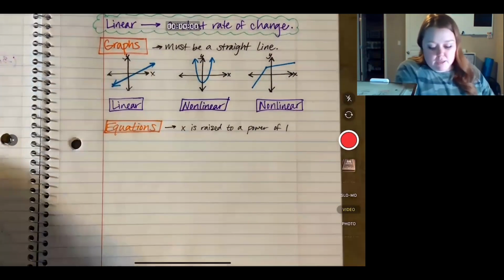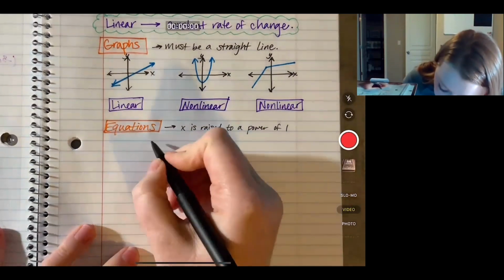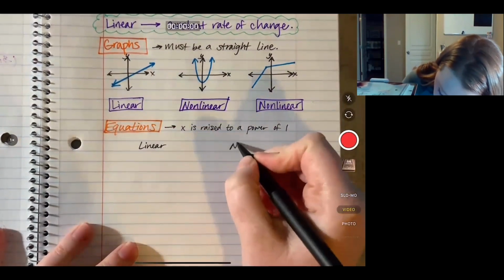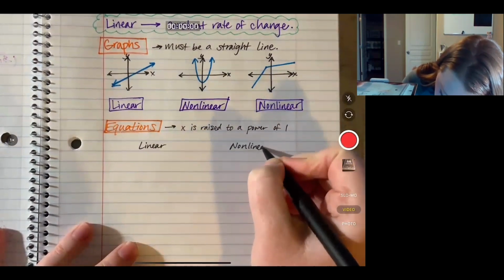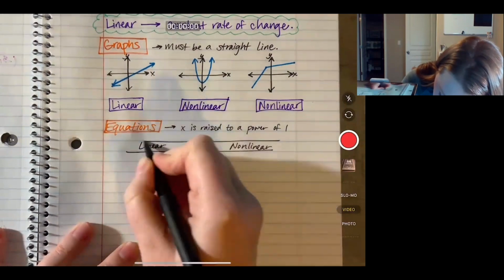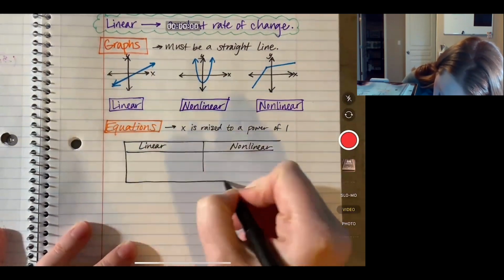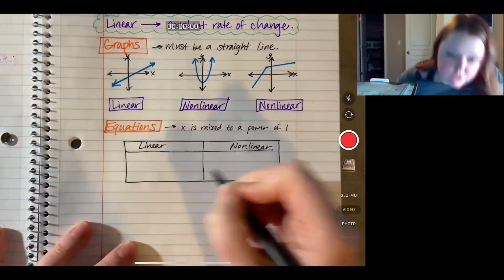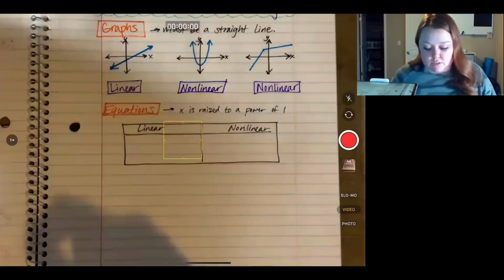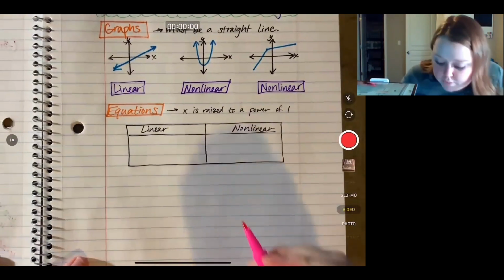Okay, so let's make a little table here of, let's say, linear, nonlinear. We'll make a little chart, just so you can see some examples. So x raised to the power of 1.